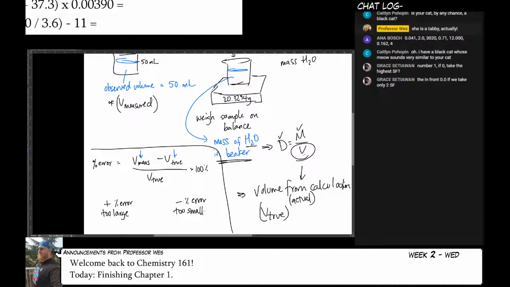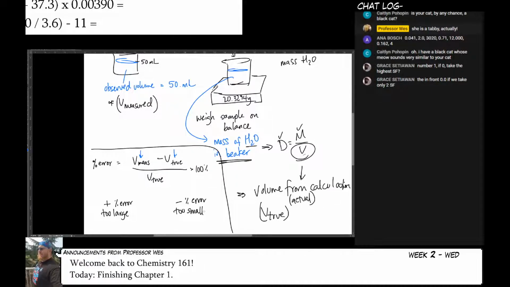So if I measured out 50, but the beaker actually had 52.7 milliliters in it after doing the calculation, then my percent error will be negative because I'm consistently getting too little water if I'm measuring to that same mark every time. So that's what percent error means.